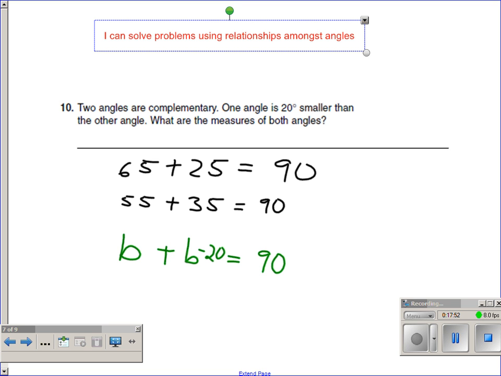We're repeatedly adding B. What do we have? Not 20 plus 20. B plus B. What's B plus B? How many B's do we have? B plus B is 2B. Subtract 20.